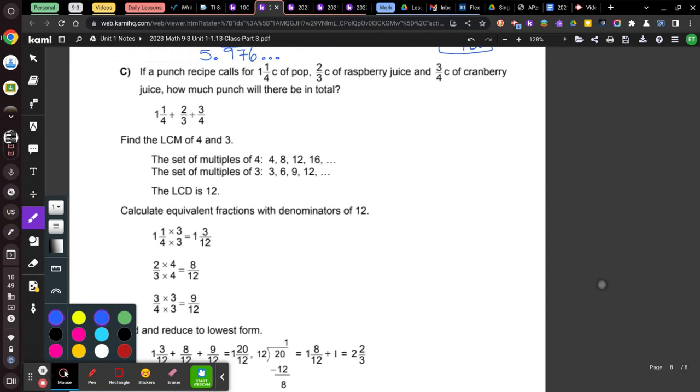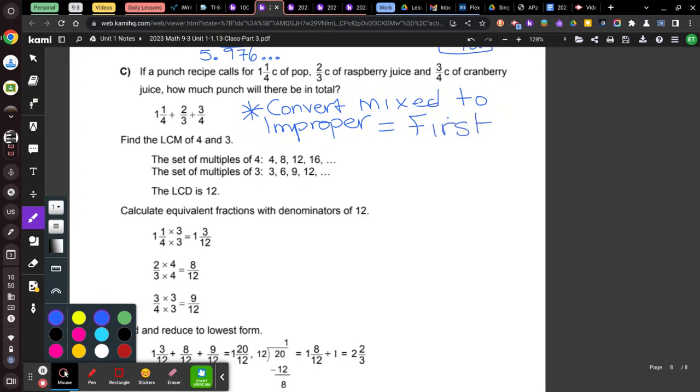Okay, what if there's 3 fractions? If there's 3 fractions, you still have to do all of them, but convert the mixed to improper. So the first step is always to convert mixed to improper. And that's first.